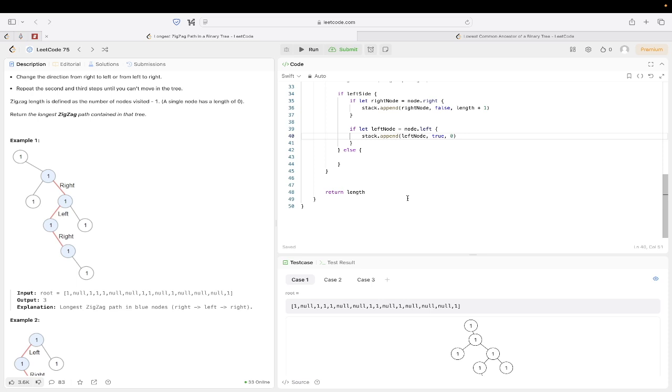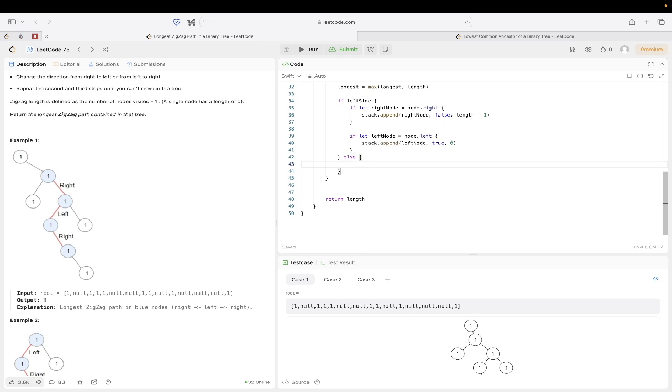So let's do the same thing for our else. For our else, that means we went right side first. True, and then we'll just do this. No, this is going to come back and bite me.